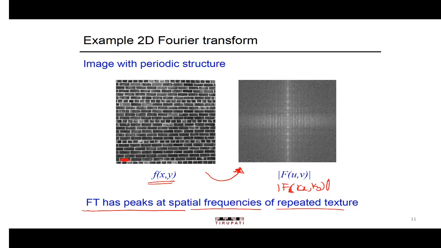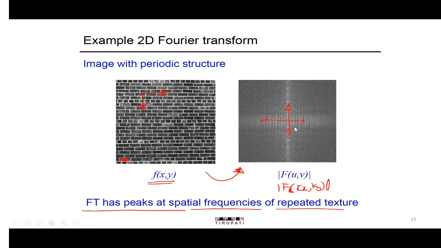Again, there are different periodicities. Even if you look in this direction, there is some periodicity here, and even in this direction there is some periodicity. So you could see periodicities in this direction, repeating for higher order frequencies, and in this direction also you are able to see the periodic effect.